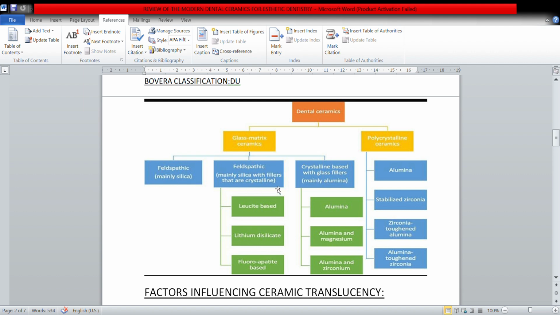Feldspathic is mainly silica with crystalline fillers. It includes lucite based, lithium disilicate, fluoroapatite. And the third category, crystalline based with glass fillers, mainly aluminium, is classified as aluminium and magnesium, aluminium and zirconium. Polycrystalline ceramics include alumina, stabilized zirconia, zirconia toughened alumina, and alumina toughened zirconia. This is the Bovira classification according to Dental Update articles.